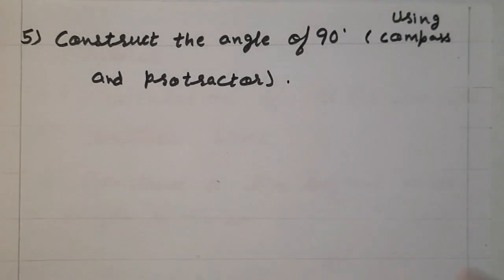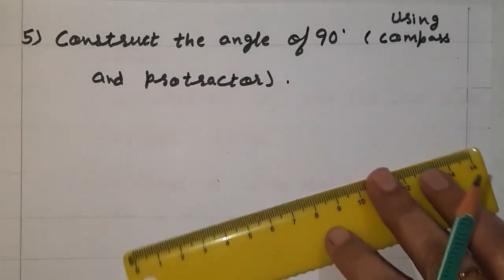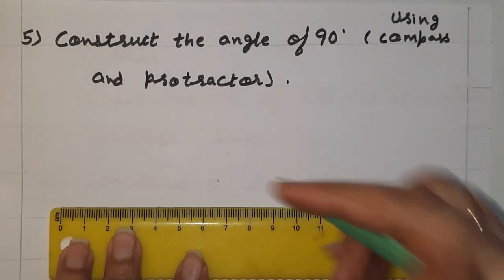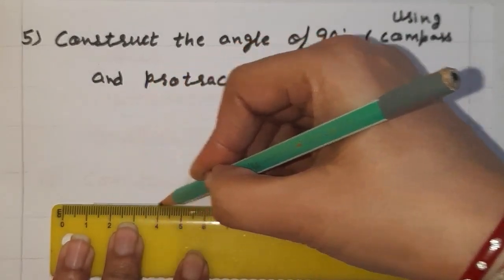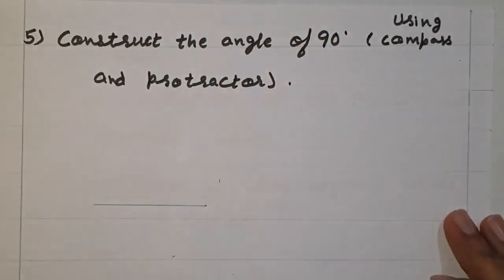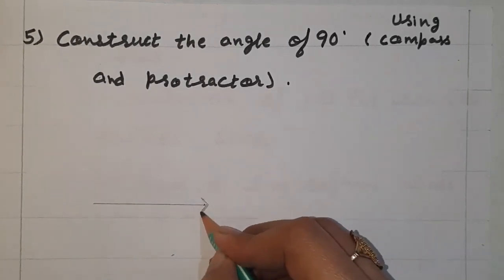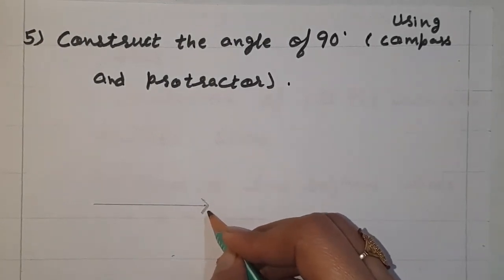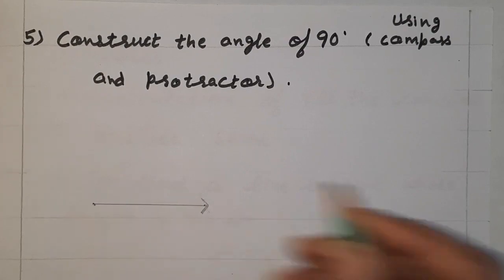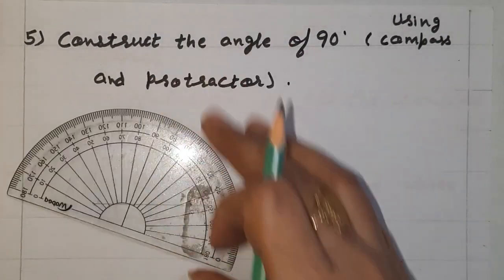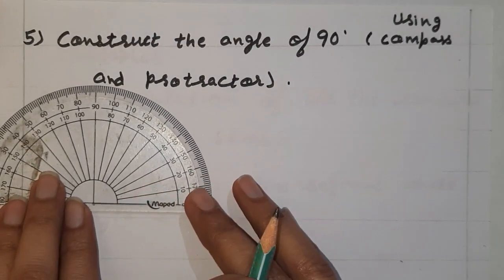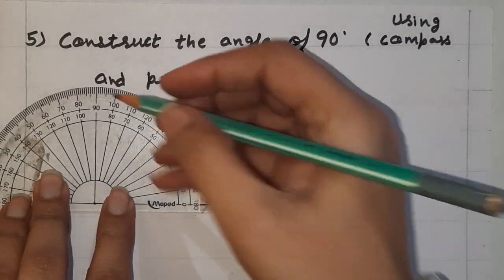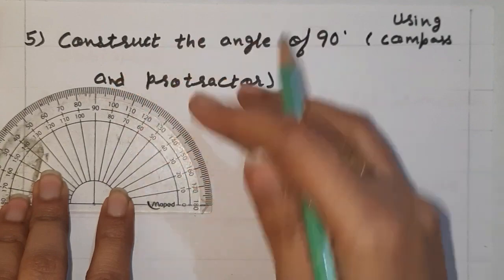Now see how to construct the angle using, first of all, the protractor. Draw a line segment, draw a ray. Both are okay, but be careful, if it is a ray, put an arrowhead. Put protractor at this point, 90 degree. Here it is 90.